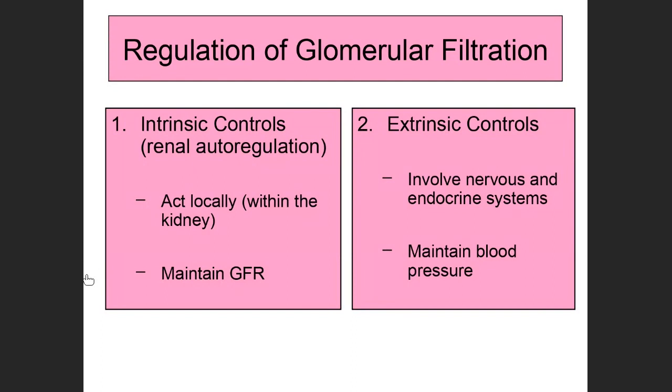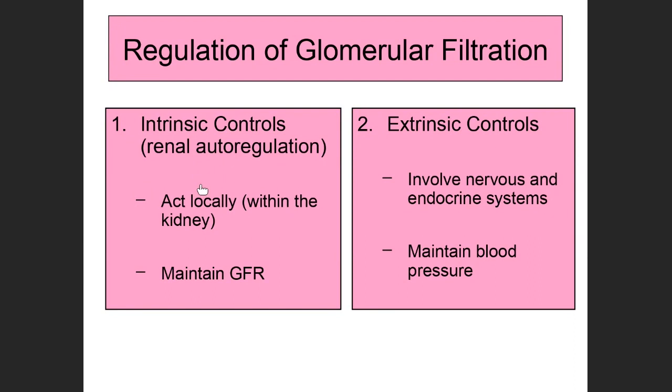So auto means self. Renal autoregulation is the kidneys basically regulating themselves and working to ensure that they are able to keep this glomerular filtration rate within the range that it needs to be.